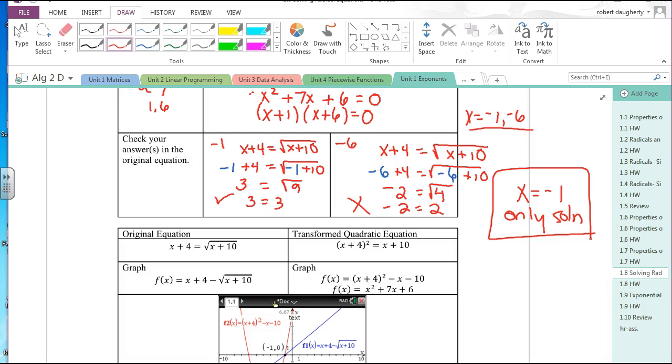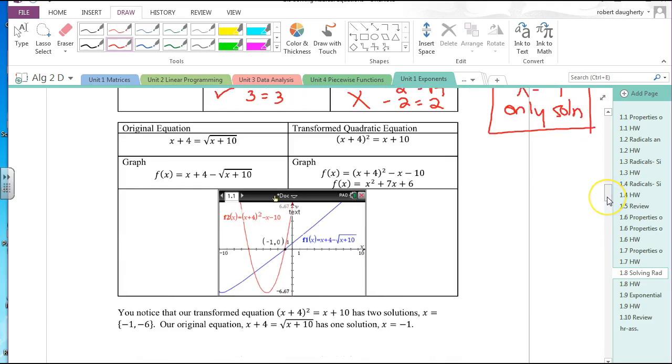Now what this represents is a little bit more complicated than what you're going to go into, but I just want to show you what happened. This was our original equation. When I graph it, I get this blue line, and it only crosses the axis at one spot, -1. But when I squared both sides, I got a quadratic. Another word for the graph of a quadratic is a parabola.